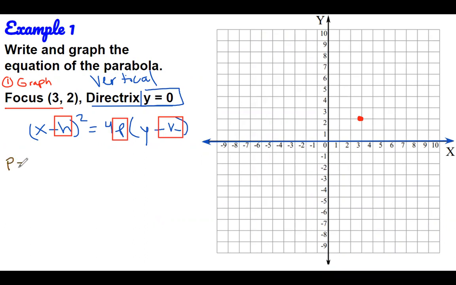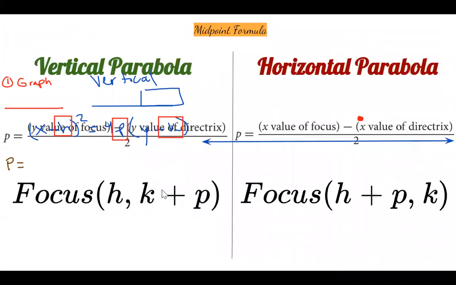P. We had the equation, p equals what? We wrote this down right here. The y value of the focus minus the y value of the directrix, over 2. Okay, so let's go back to my example. What's the y value of the focus?